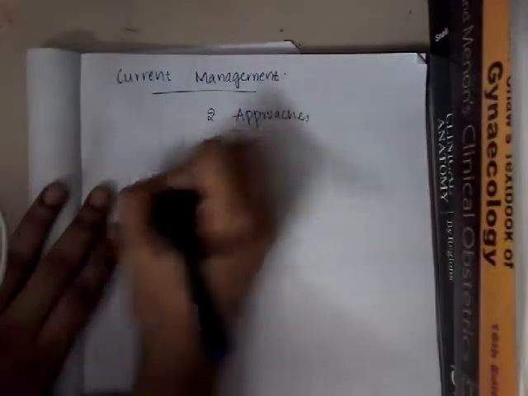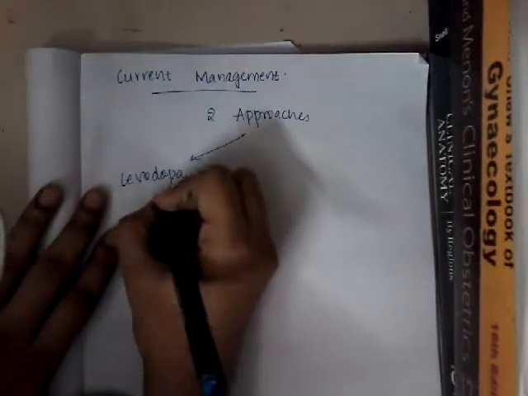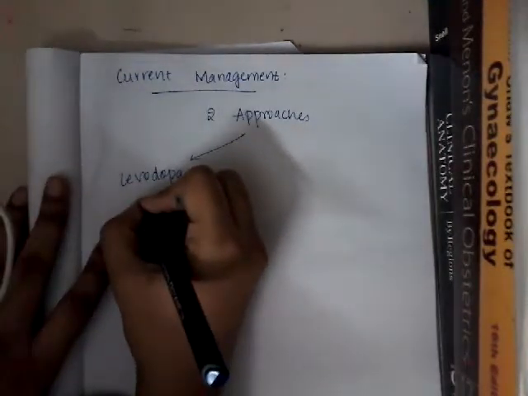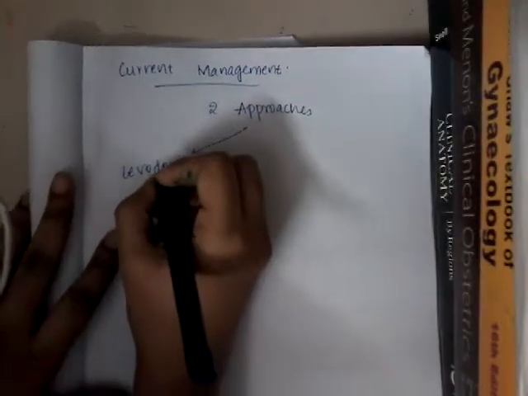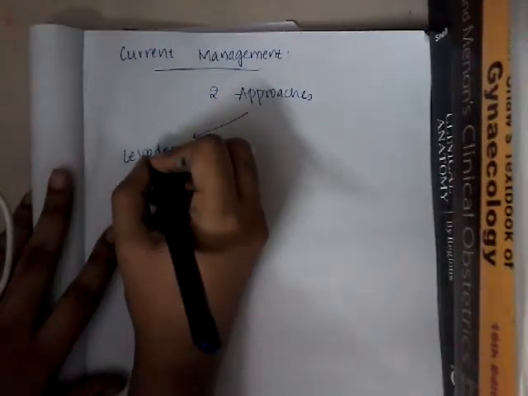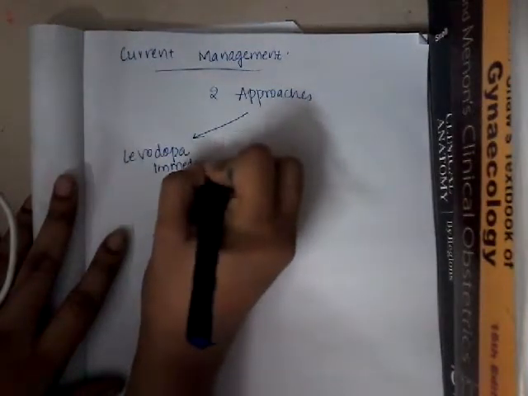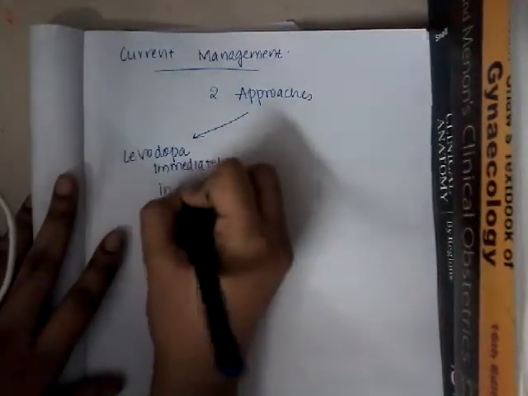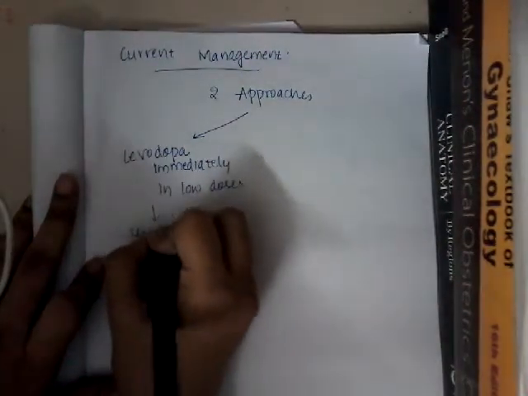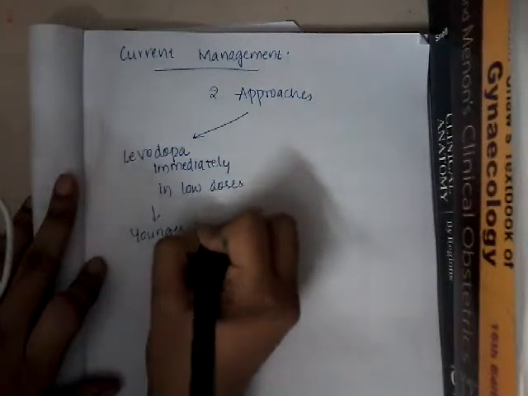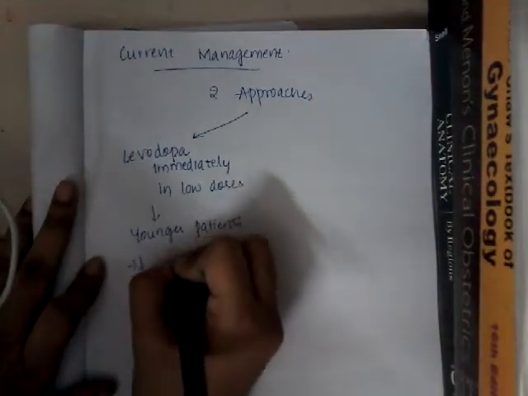The first approach is to begin with levodopa immediately in low doses. This is given for younger patients, and it reduces the risk of motor complications.